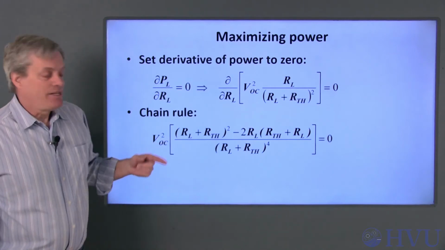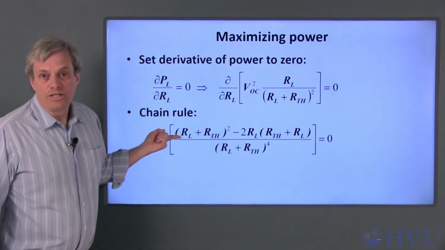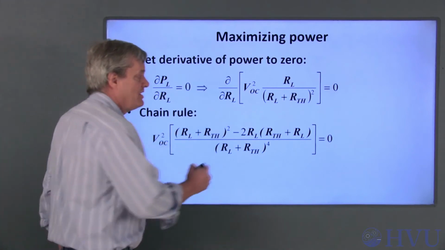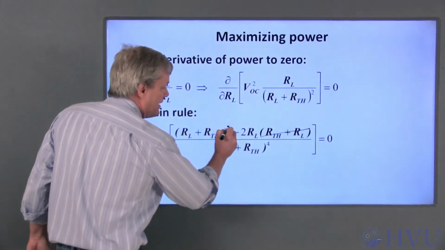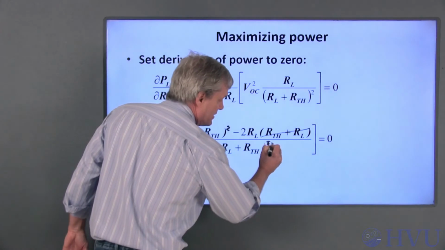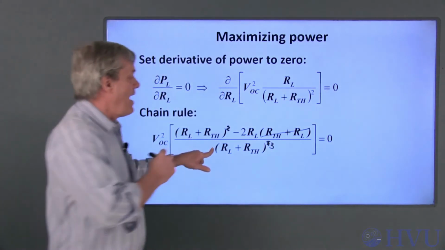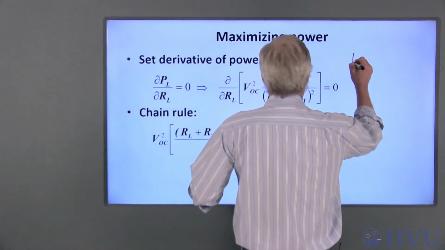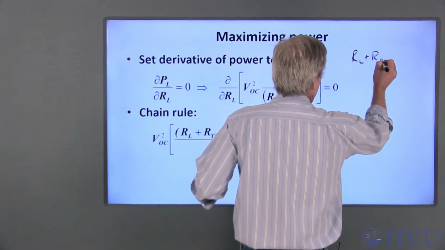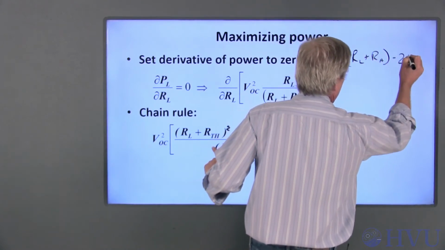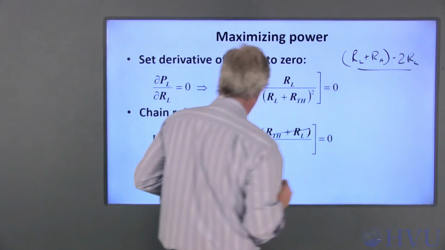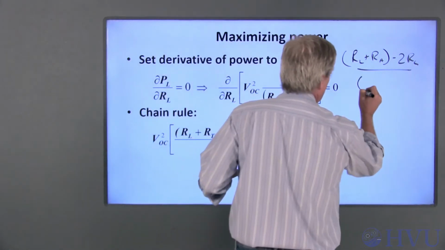The other possibility is to cancel out the RL plus RTH term in both the numerator and denominator. So this goes away, that squared is eliminated, and this becomes a cubed. Now, this is RL plus RTH minus 2RL over RL plus RTH cubed.